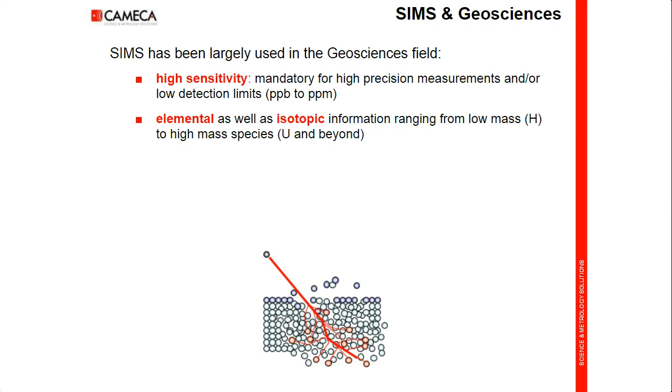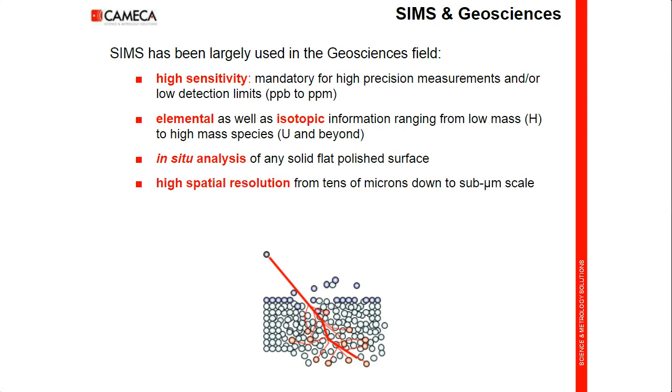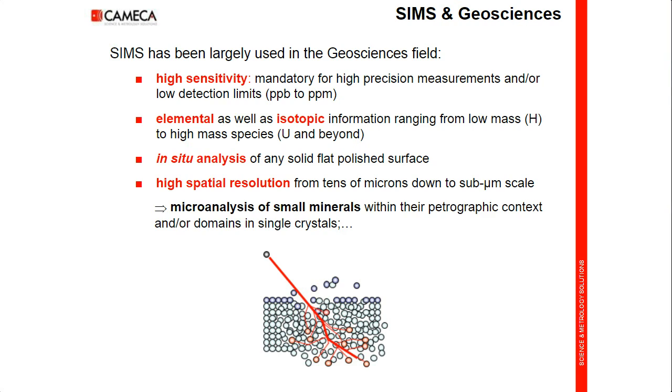It provides in situ analysis of any solid flat polished surface with a high spatial resolution from tens of microns down to the sub-micrometer scale. Therefore, SIMS allows microanalysis of small minerals within their petrographic context or domains in single crystals.